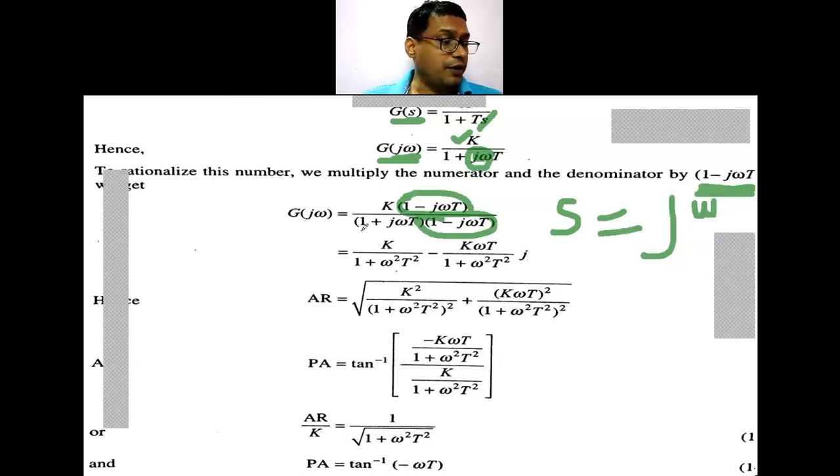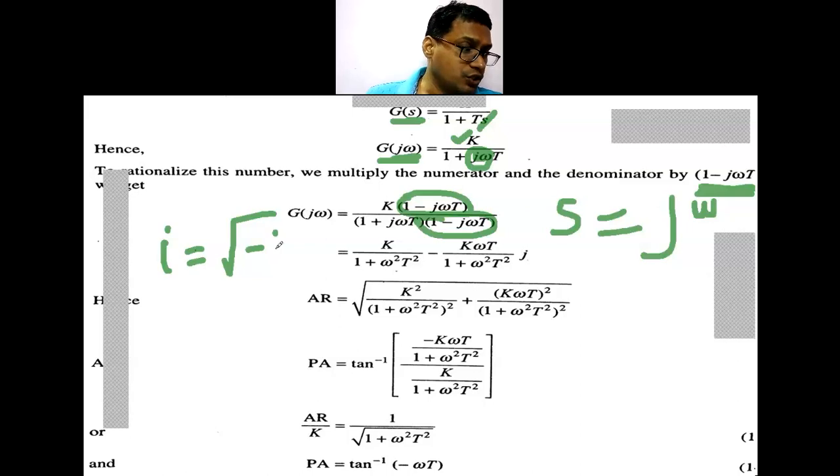So then simplifying that, j, which is nothing but under root of minus 1. So you will get j square as minus 1.